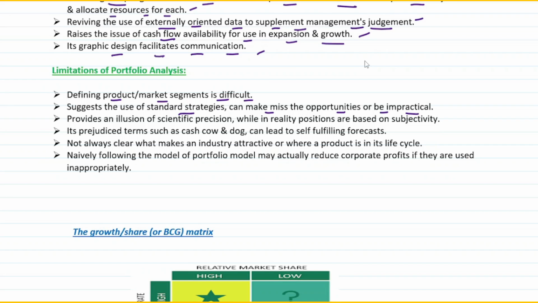So hence that's one of the limitations of portfolio analysis. Then it provides an illusion of scientific precision, while in reality positions are based on subjectivity. So it should not be very hard and fast. That means this is the only thing that you follow, but you are under the illusion that this is what we have to do. So the question of flexibility is not there, right?